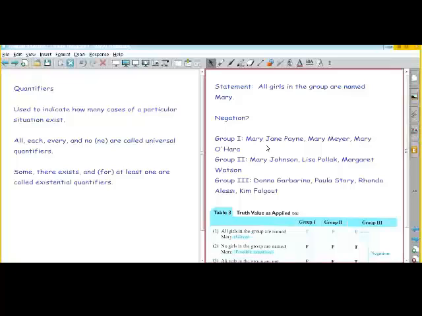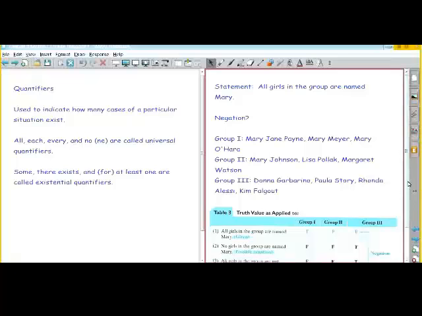And notice that the three groups have different characteristics. This one has where everyone's name is Mary. Here we have one of them is Mary, so some of them are Mary. And this one, there are none named Mary. So we have the universal cases, all Mary and no Mary, and we have the middle one, which is some, one Mary. It could be two Marys. It doesn't really matter, just so it's not all or none.